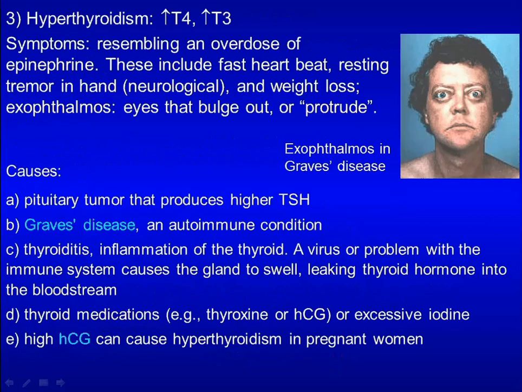Hyperthyroidism is a condition in which the thyroid gland produces too much thyroid hormone. Symptoms resemble an overdose of epinephrine. They include fast heartbeat, resting tremor in hand, and weight loss with puffy eyes, as shown here.